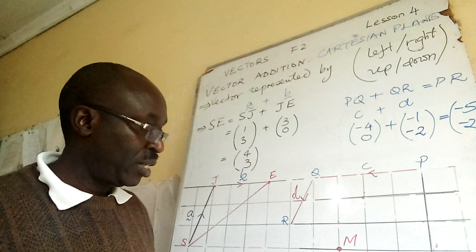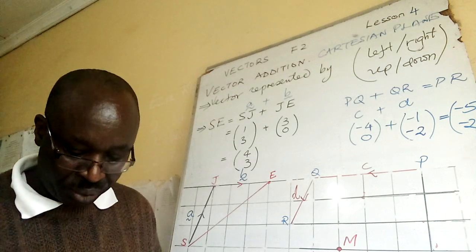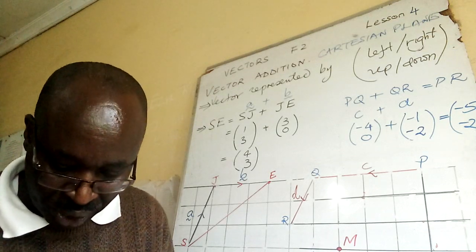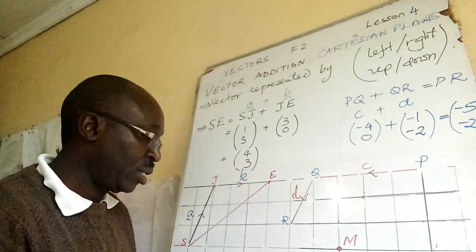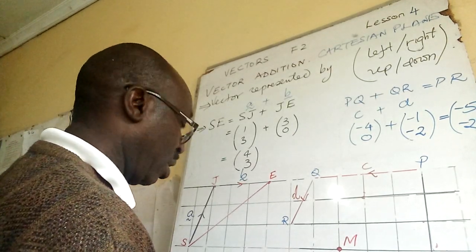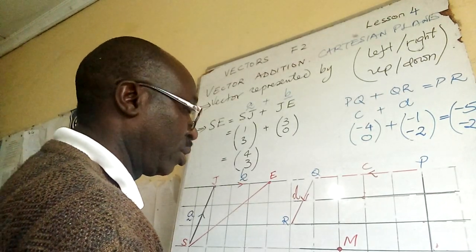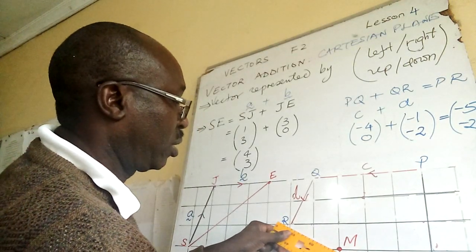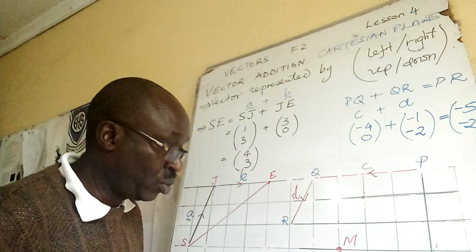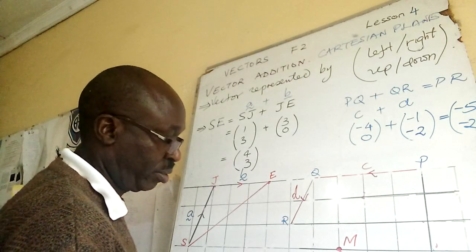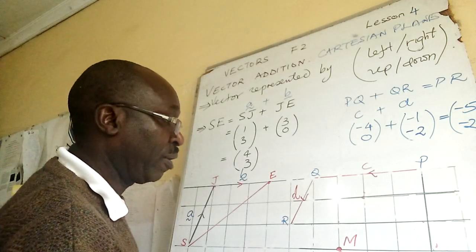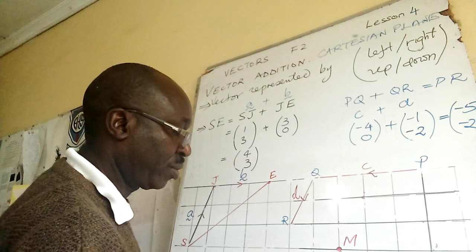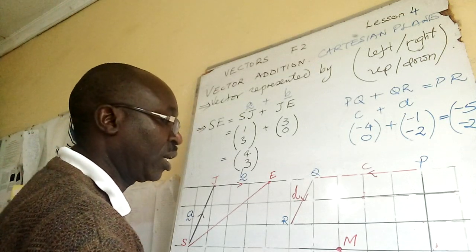We have that. And what do we do? Let us draw the vectors. Suppose I have the whole of this, and then the whole of that. So let us have, this is maybe vector S, and this is vector T.